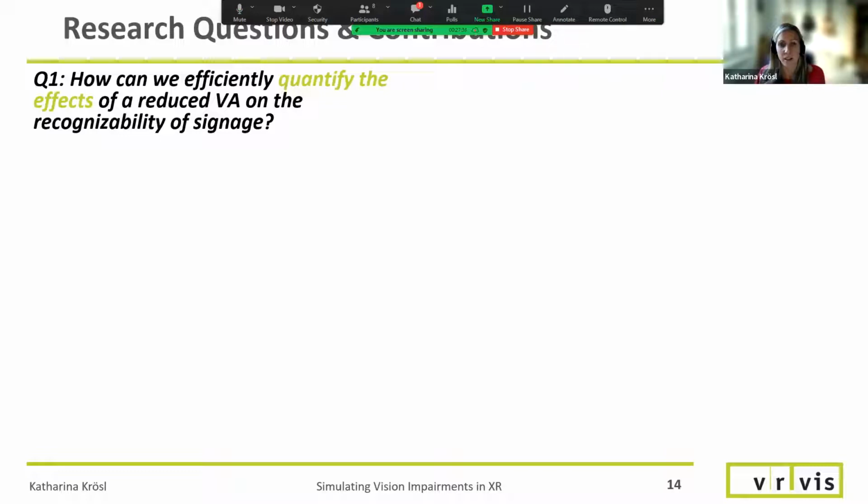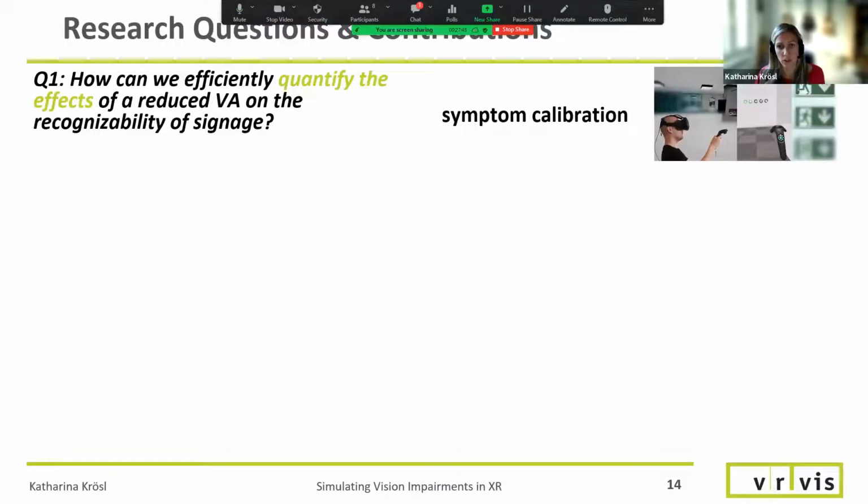This is something that is important for the development of norms and standards that inform architectural design. And to answer this question, we developed a symptom calibration methodology that allows us to calibrate the simulated reduced visual acuity in VR to the same level for every user.